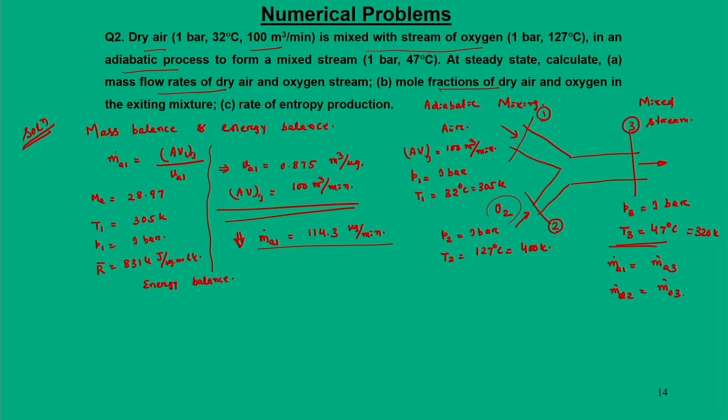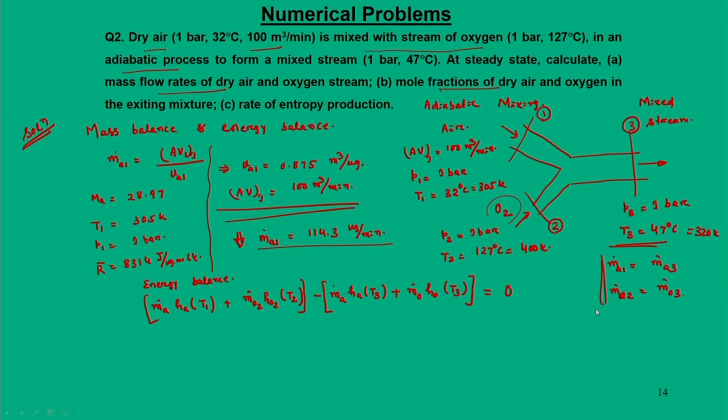So the energy balance we can write as m dot A HA at temperature T1, that is for air, plus m dot oxygen, enthalpy of oxygen at temperature T2, that is the inlet enthalpy, minus the exit enthalpy, m dot A HA T3 plus m dot O HO T3, that is equal to 0.